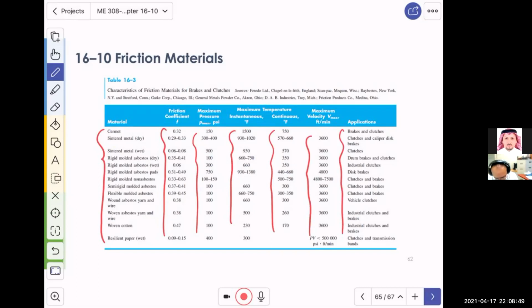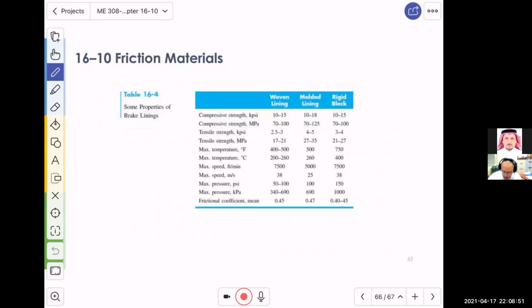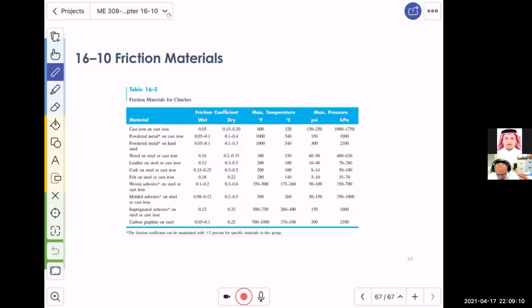And then we have another table for the properties of the brake lining, like the compressive strength and the tensile strength, and the way of making. And what are the mechanical properties that you will obtain from these different manufacturing methods. Then we have here the friction material for clutch.